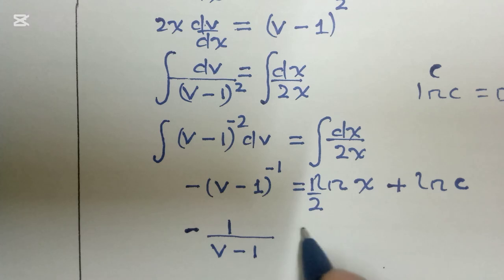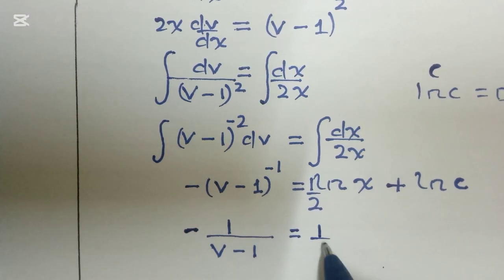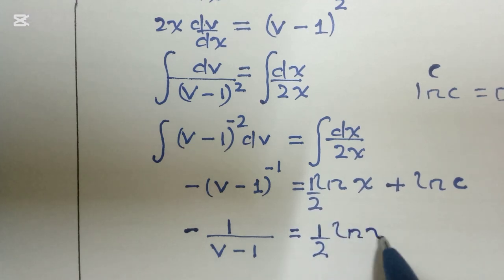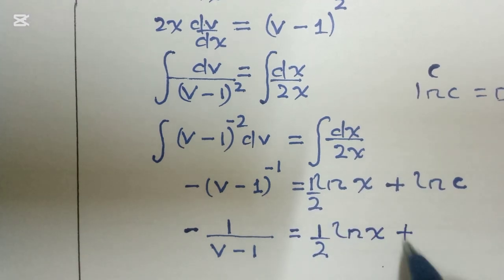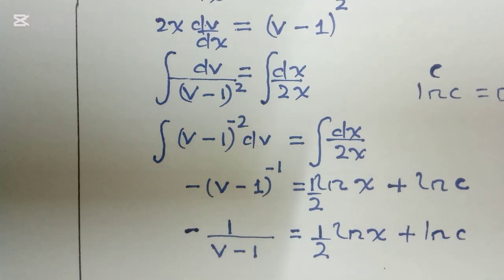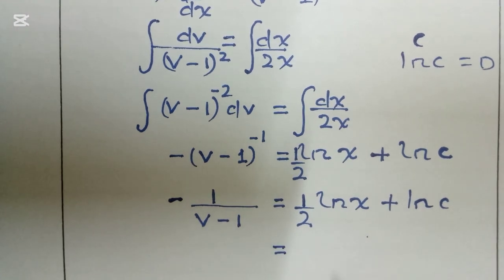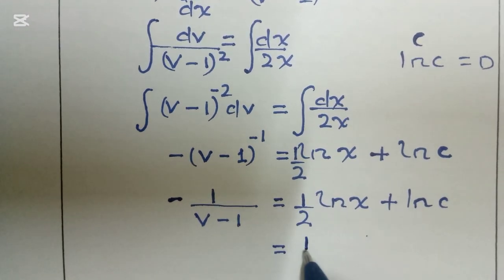This now gives us 1 over 2 natural log of x plus natural log of c, like that. We can combine these ones. For this side, we can combine them and write it like this.